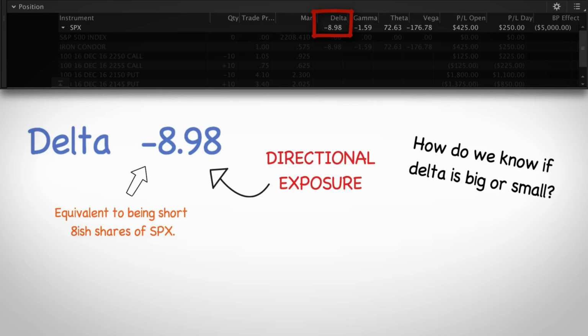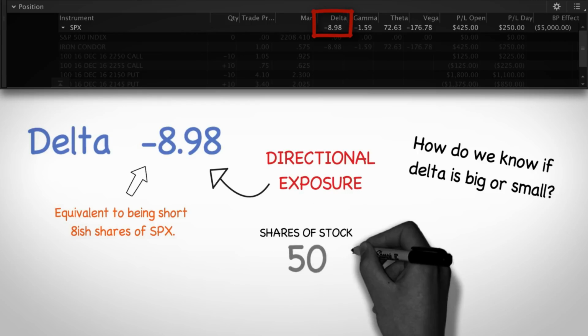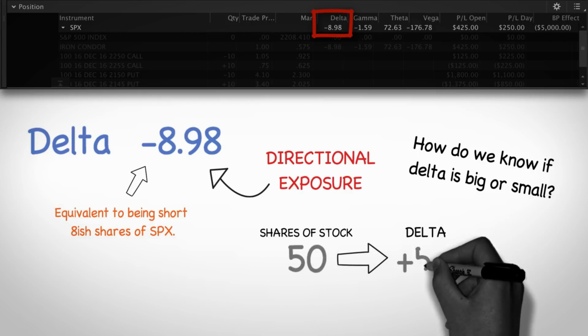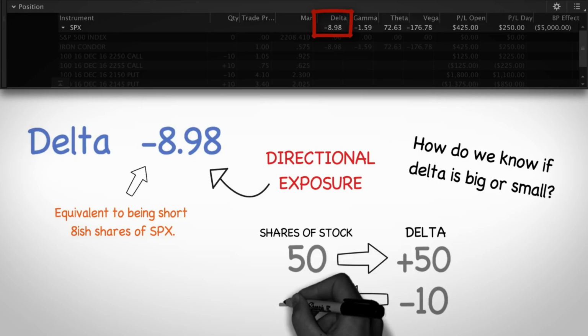Your delta basically tells you the equivalent number of shares you are long or short of the underlying market, right? If you are long 50 shares of a stock, for example, then your delta would be plus 50. Because if the stock went up by 1 point, then you would make $50. So if your option position shows a delta of negative 10, for example, then that's the equivalent of being short 10 shares of the underlying stock or market.